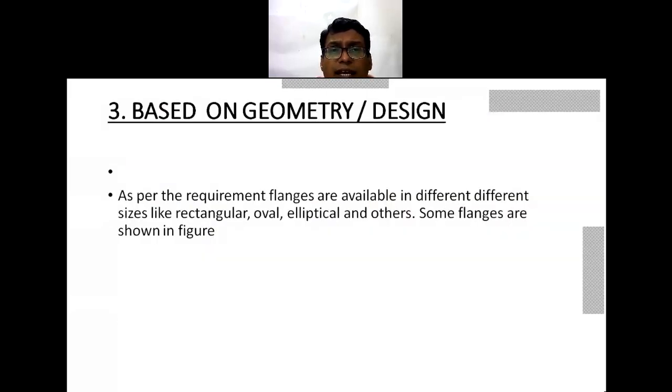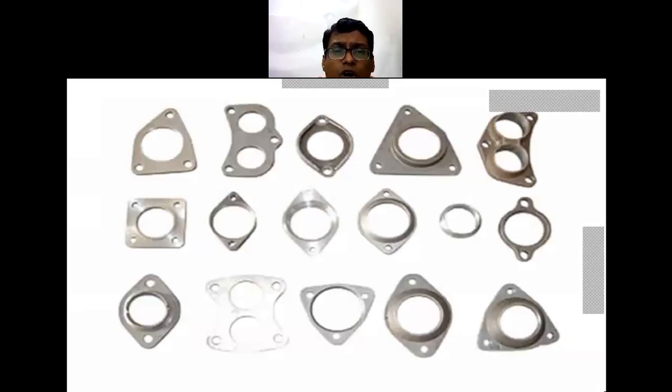The next category is based on the geometry or the design. Any different shape can be given to the flanges, whether rectangular, oval, elliptical, or even triangular. All these different shapes can be provided.